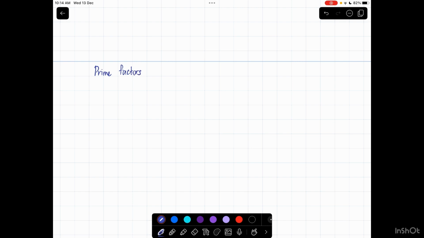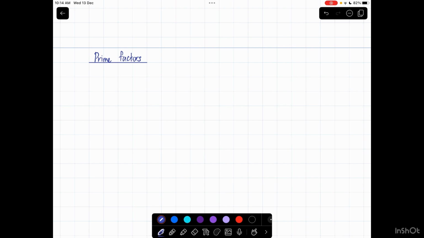To know prime factors, it's important to understand what the term prime actually means. As we have covered earlier, factors are the numbers which can divide a number perfectly without any remainder. But what does the word prime mean?